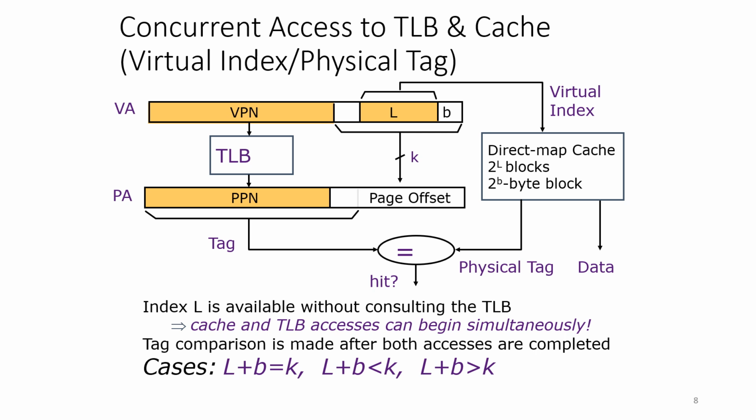The TLB is normally a much smaller cache than even the L1 cache, and therefore is ready with the translation where the address tag check is done. The constraint is that the number of bits needed to index the cache, L, plus the bits for the block offset, B, must not be larger than the bits for the page offset, K. So the third option does not work.